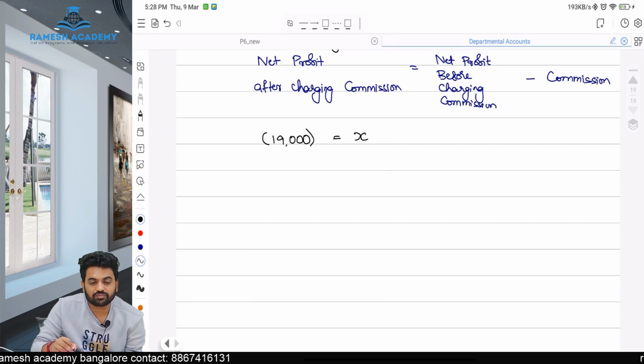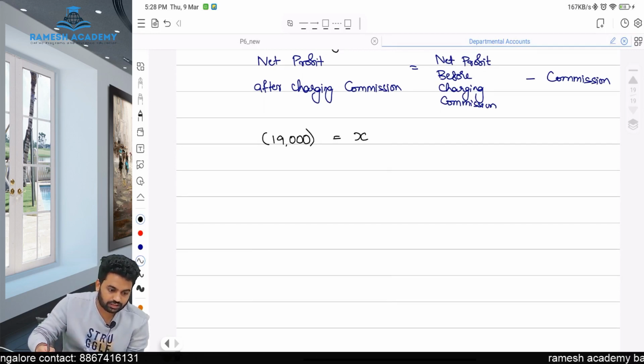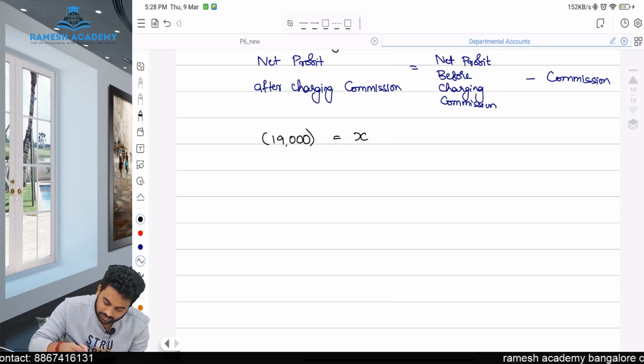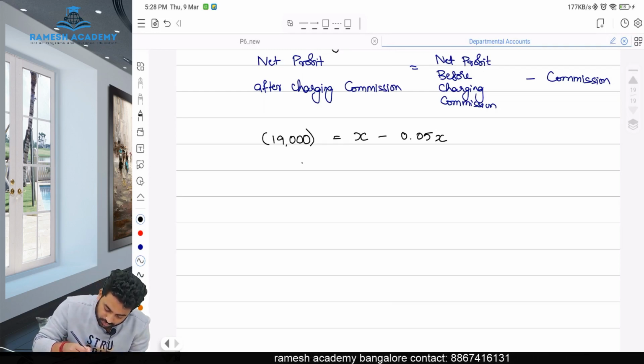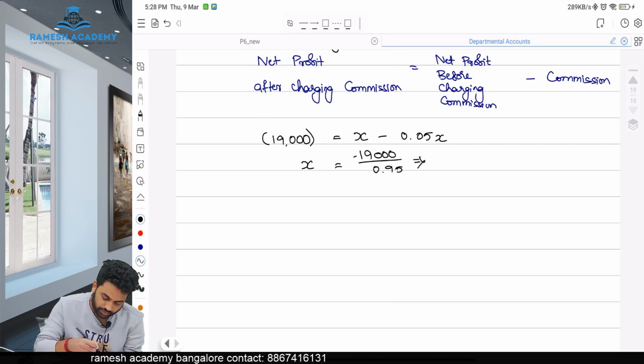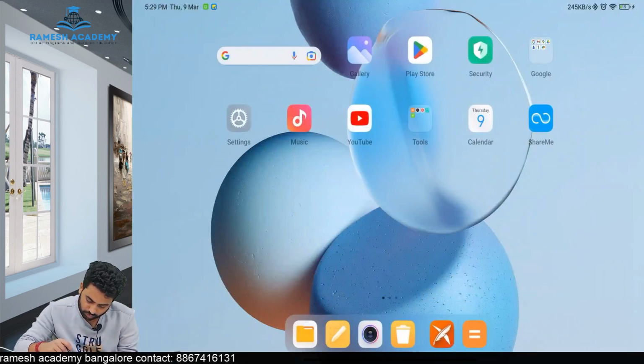How much is the commission? Commission is basically minus 0.05x, 5%, right? So X is equal to minus 19,000 divided by 0.95. X is equal to how much, sir?